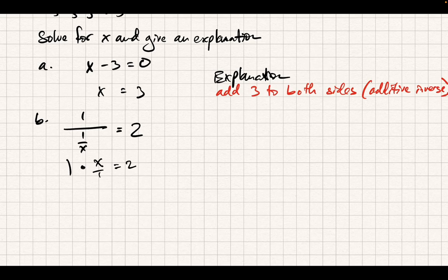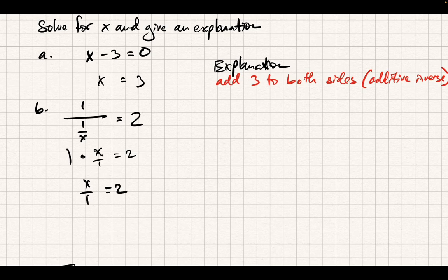What's left on the left side? x over 1. What's left after that? x over 1. Okay. And then? Multiply both sides by 1.